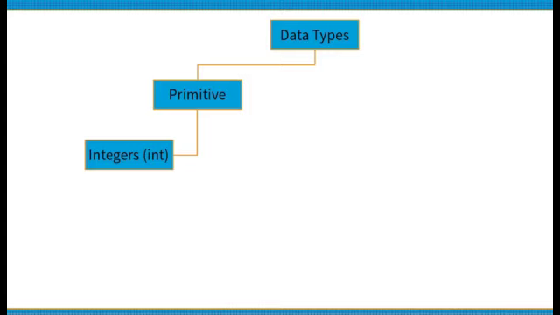In the number system we have two different types of numbers: a whole number and a decimal number. An integer is not capable of holding decimal values, but it can hold any whole number, that is, a number that does not contain any decimal value.